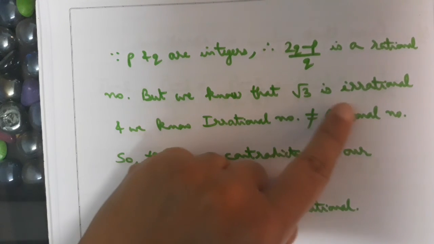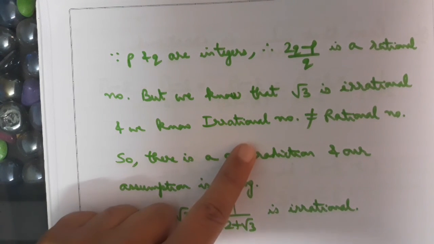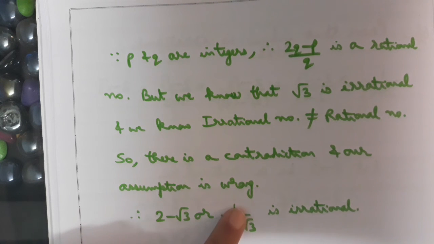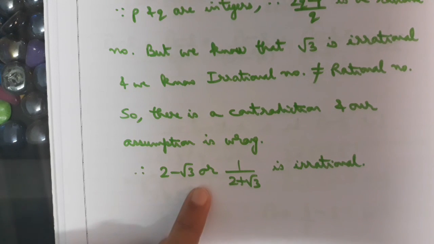But we know that root 3 is irrational, and we also know that irrational number cannot be equal to rational number. The left hand side is irrational whereas the right hand side is rational. So irrational number can definitely not be equal to a rational number. So there is a contradiction and our assumption is wrong. So we can say that 2 minus root 3 or 1 upon 2 plus root 3 is irrational.